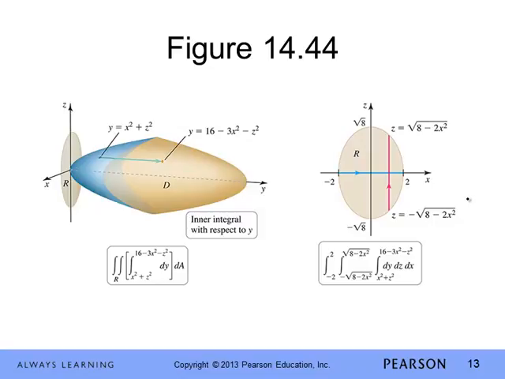The y thing would be for us to integrate with respect to y first, where y is going to vary between the left and the right surfaces. So that's clear enough. But then, when we project the shape onto the xz plane, what does that shape look like?